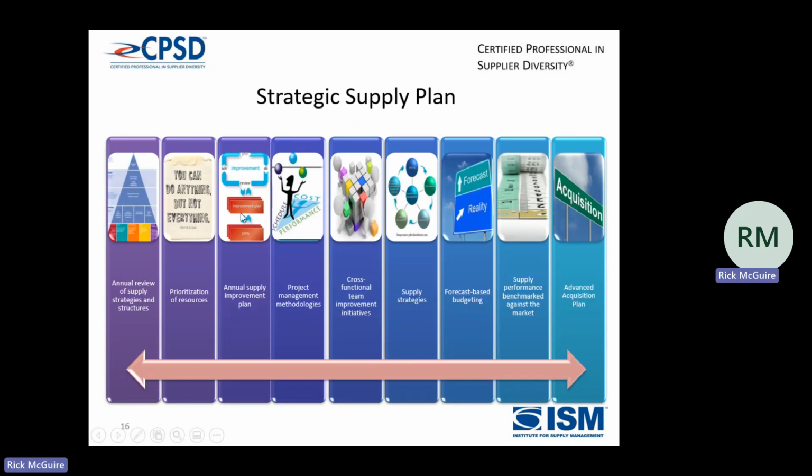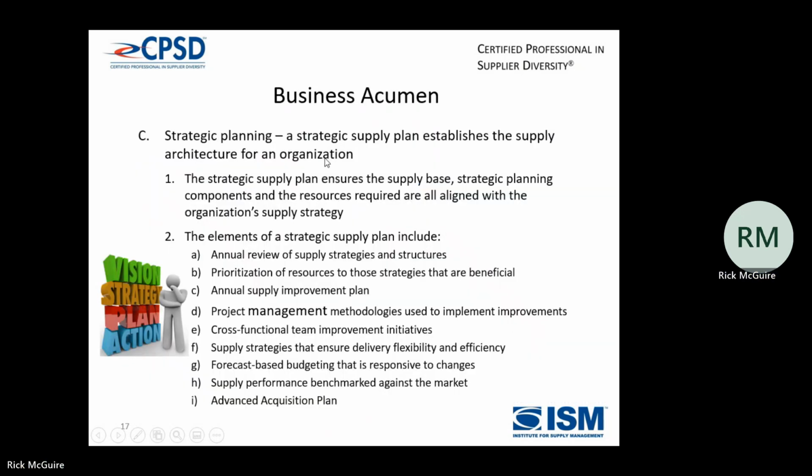Here's the strategic supply plan. It's got these pieces to it, with the advanced acquisition plan on the end. So, business acumen and strategic planning. A strategic supply plan establishes the supply architecture for an organization. It ensures that the supply-based strategic planning components and the resources required are all aligned with the organization's supply strategy.